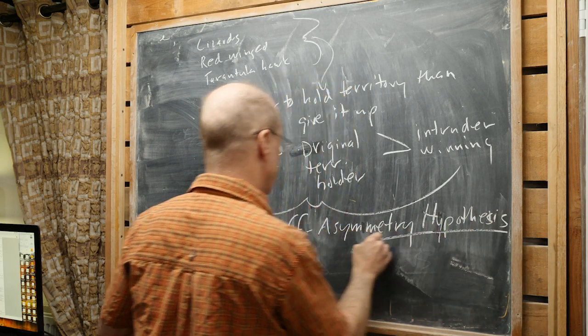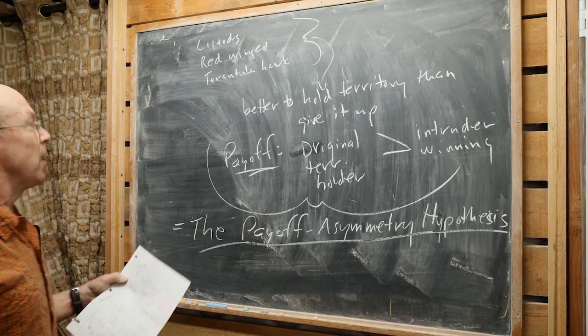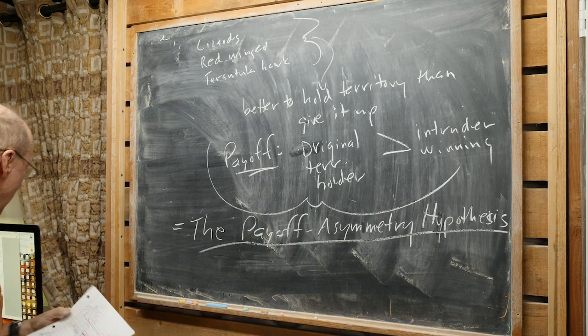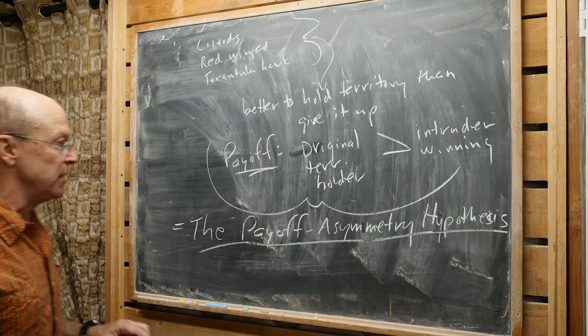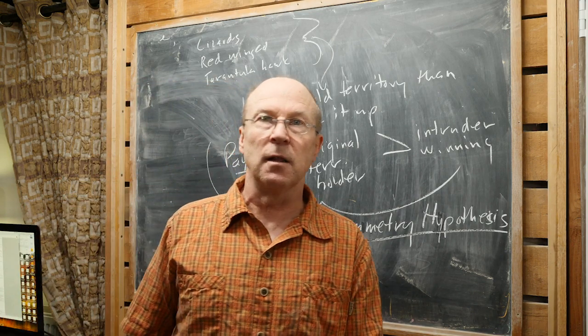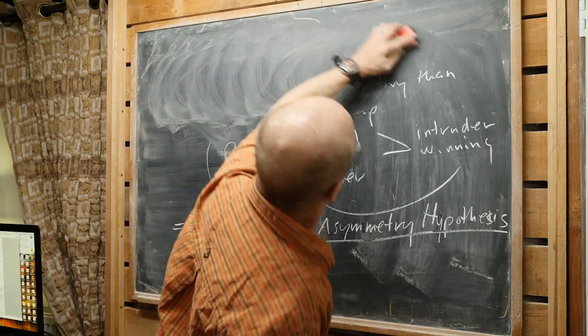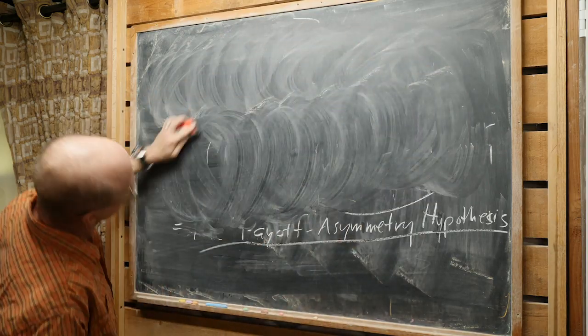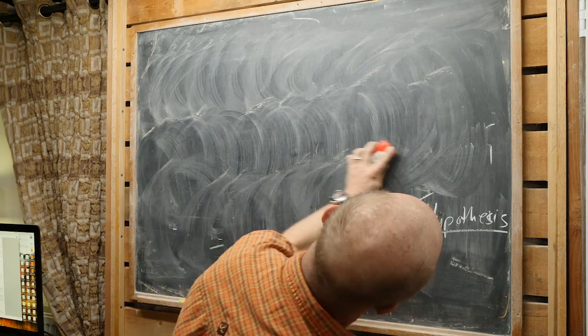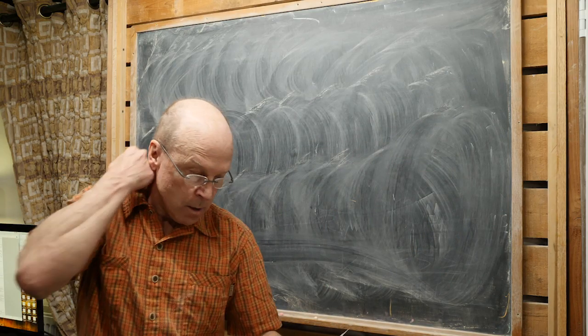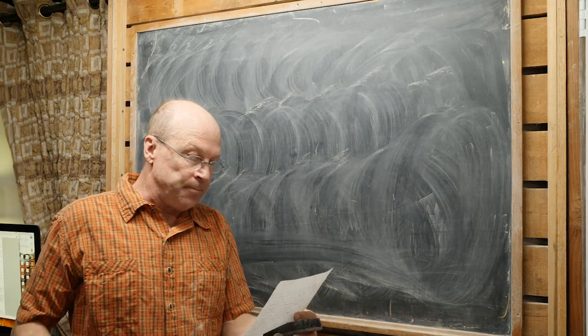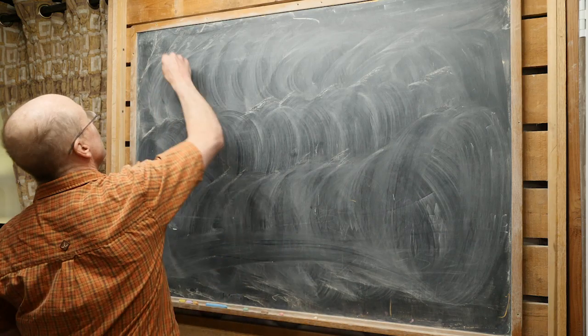Okay, another hypothesis for us, the payoff asymmetry hypothesis. Very, very cool. The last thing that I want to bring to your attention for this nice little lecture here is honest signaling.